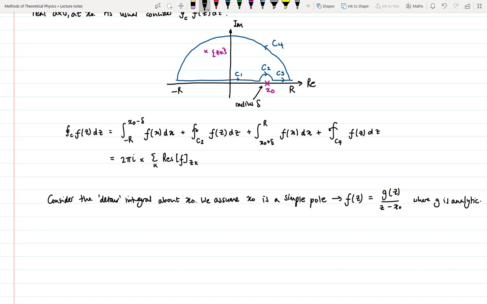The pole comes from the singularity given by the denominator here. You'll recall that we did this kind of decomposition in the third video of topic 8 when looking at how to compute residues. Okay, let's now look at the limit as delta tends to 0, so shrinking the radius of that detour, of the contribution along C2.